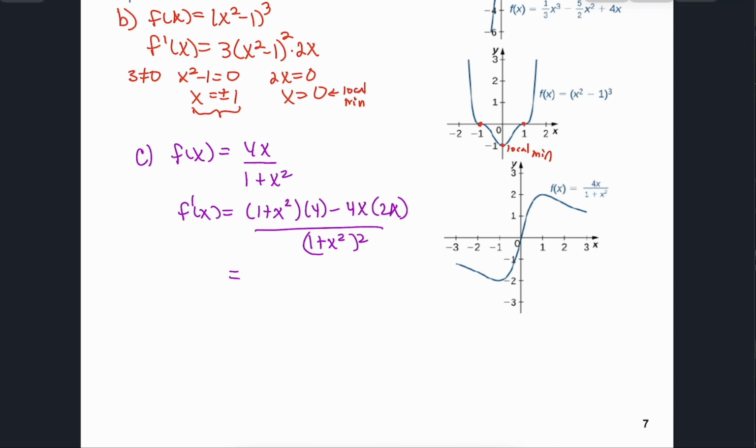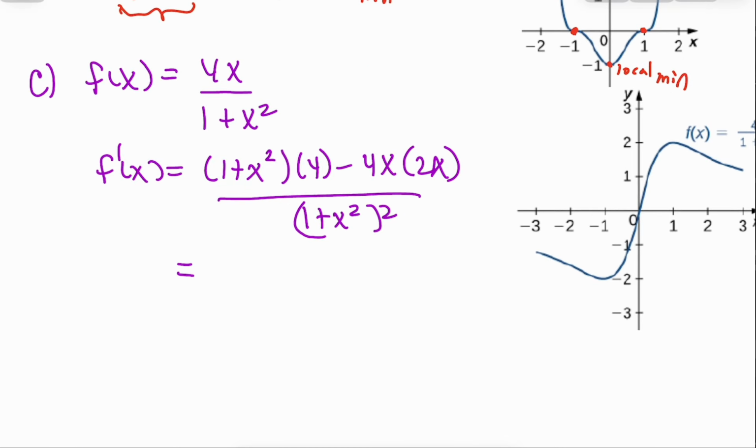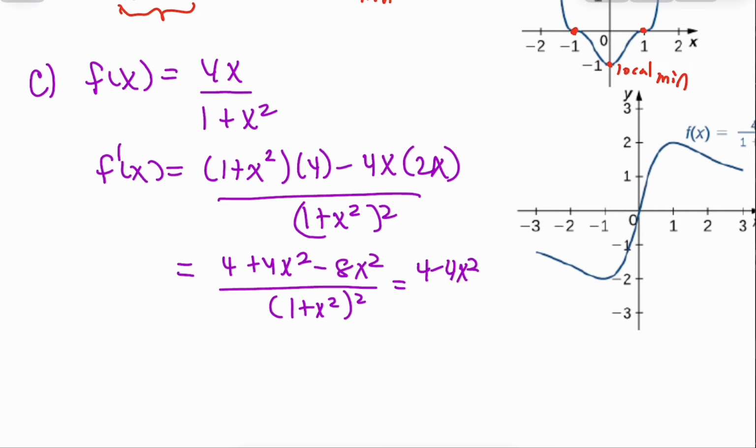Now let's pretty up the top here because it's pretty gross. So that would be 4 plus 4x squared minus 8x squared over (1 plus x squared) squared. And so we would get 4 minus 4x squared over (1 plus x squared) squared.